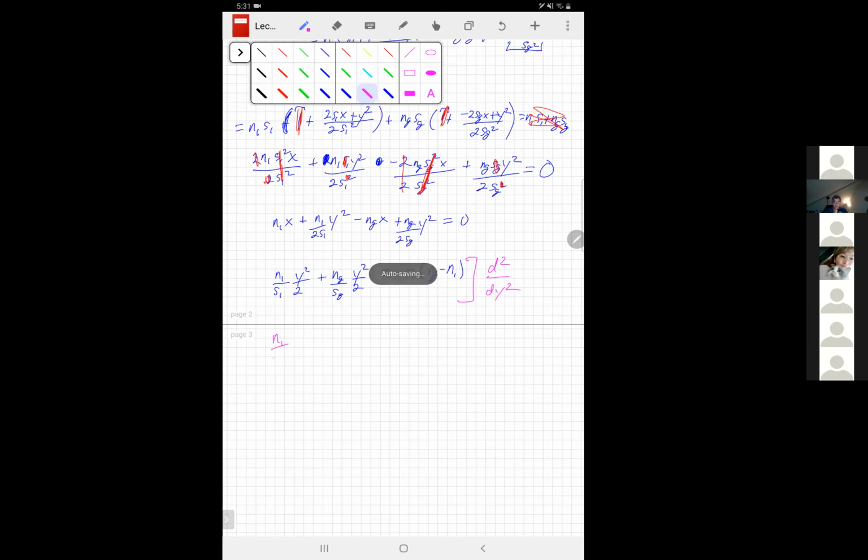So we get N1 over S1 plus NG over SG equals NG minus N1 d squared x by dy squared. Now, does anybody remember what that second derivative was? It was on the first practice assignment. What is the physical meaning of the second derivative?